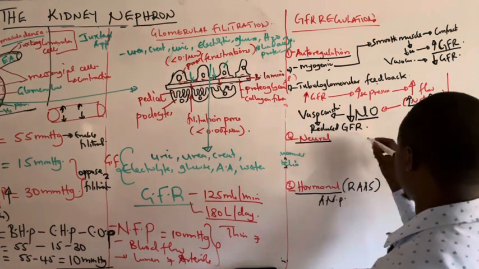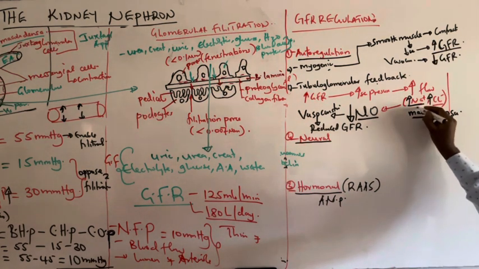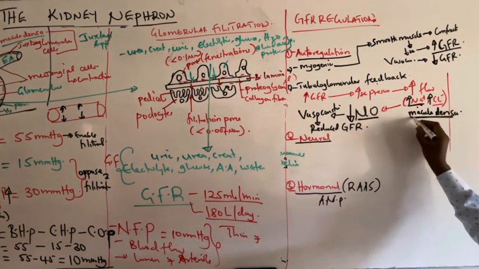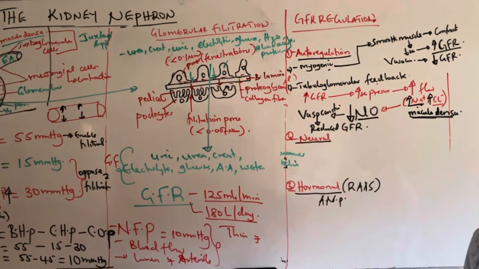And when GFR decreases too low, little blood comes in, meaning little sodium is supplied, and little sodium detected by the macula densa will release nitric oxide. So the mechanism of tubuloglomerular feedback is to decrease GFR in case there is increased GFR.